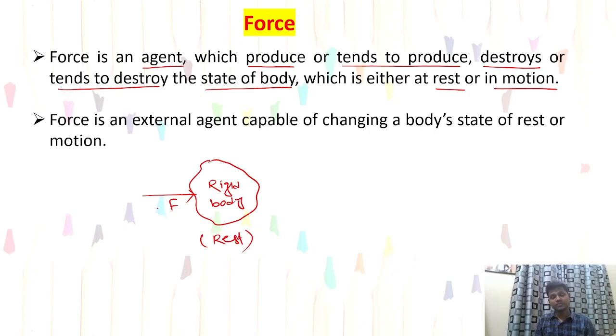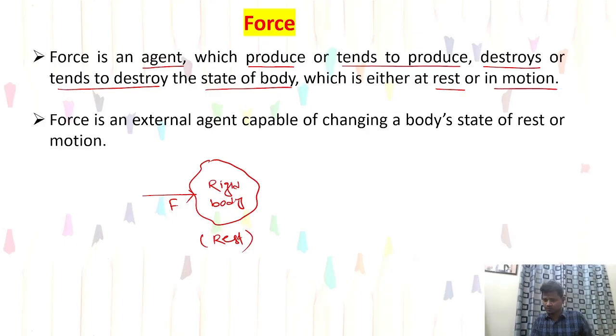If I apply some force, it may change the condition of the body from rest to motion, or it may not, but it is capable of. If it changes the position from rest to motion, then we can say yes, there is some force applied.